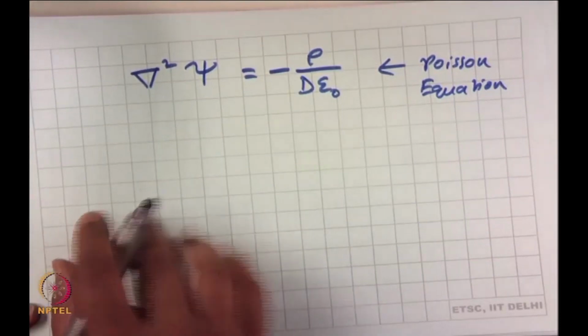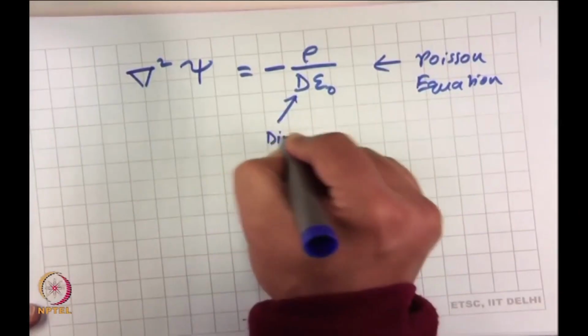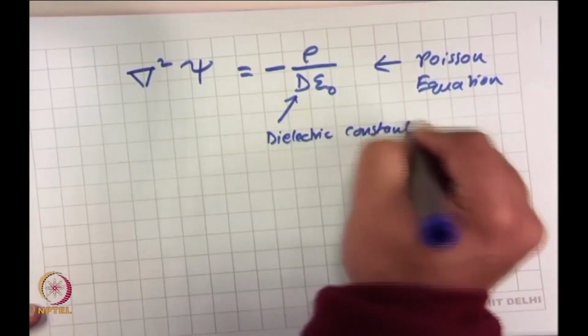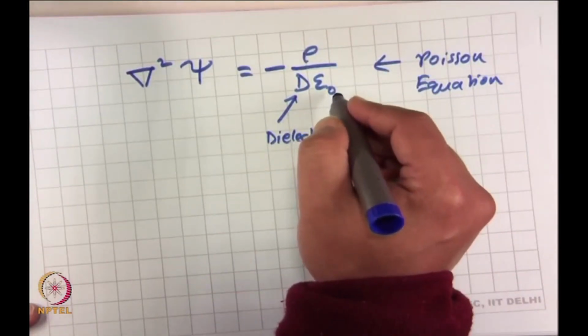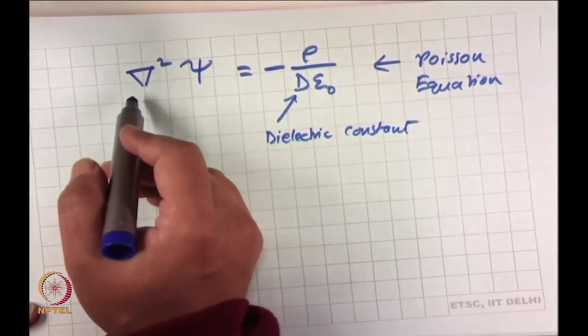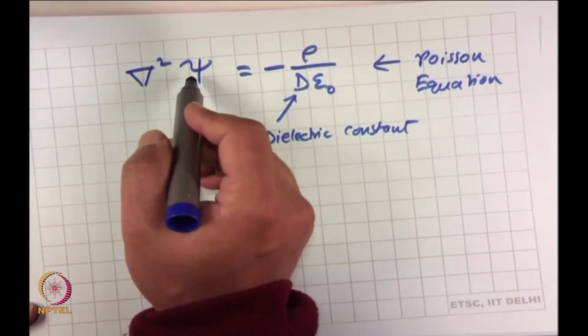And you know what rho is already. Rho is the charge density. D is the dielectric constant. We know what epsilon 0 is from the previous class, it is the permittivity in vacuum. So that is the right hand side of the equation. Come to the left hand side: psi, you know, is the electrostatic potential. What is del square?